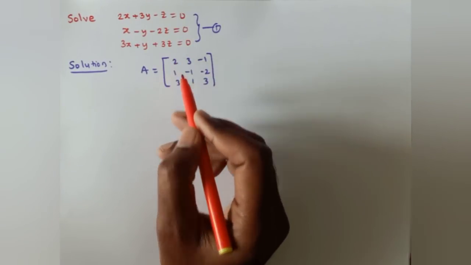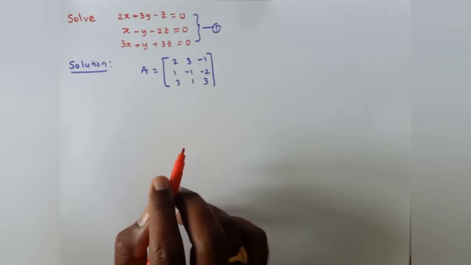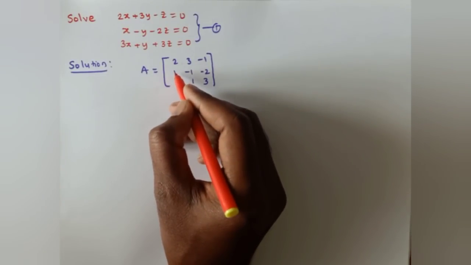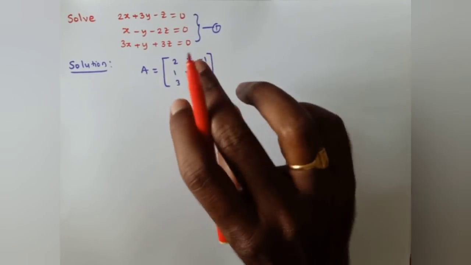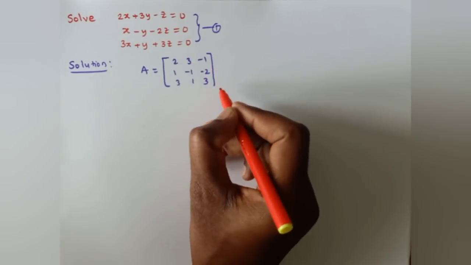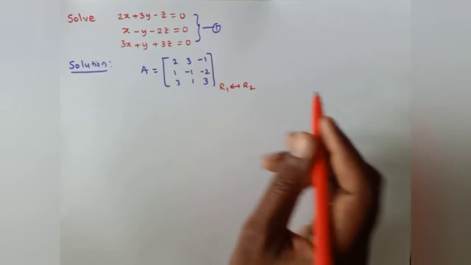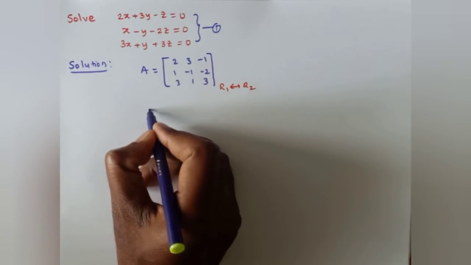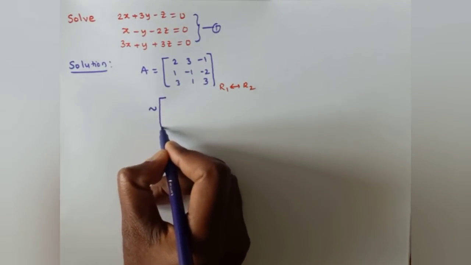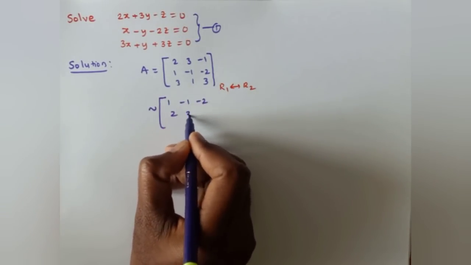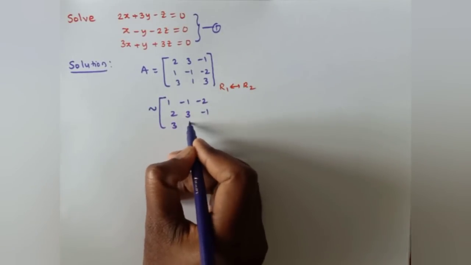Whenever the first element is 1, it is easy, so interchange row 1 and row 2. Here I am interchanging R1 and R2. Then the resultant is equivalent to 1 minus 1 minus 2, 2 3 minus 1, 3 1 3.